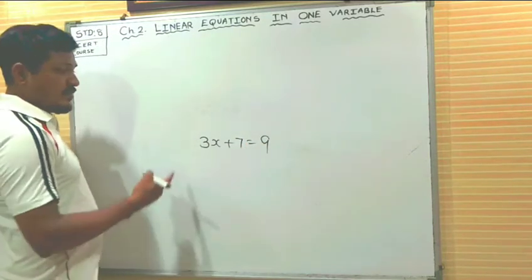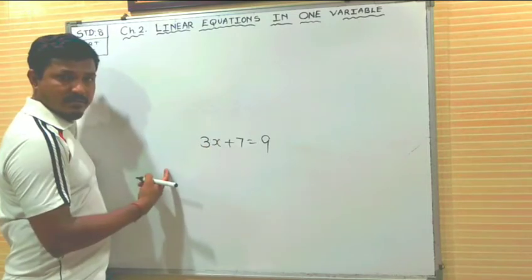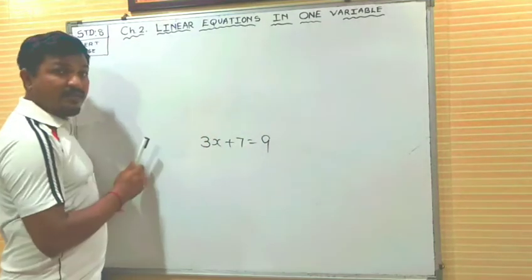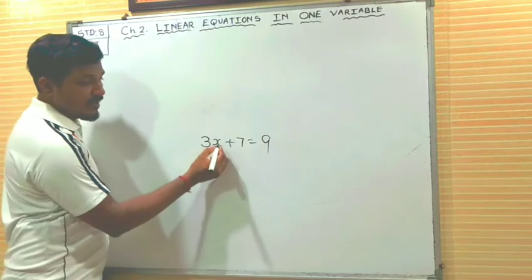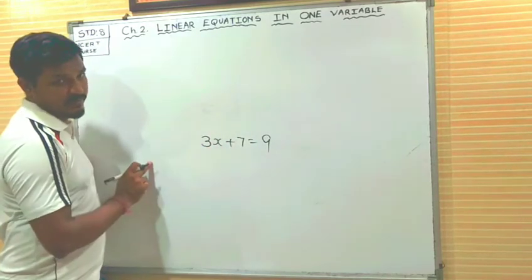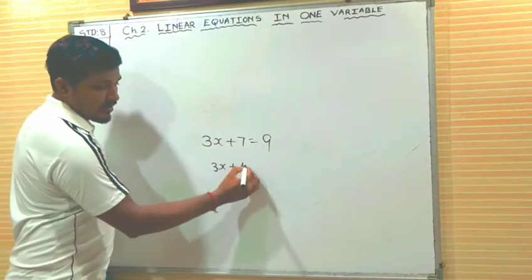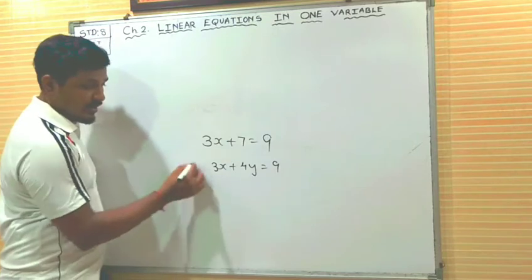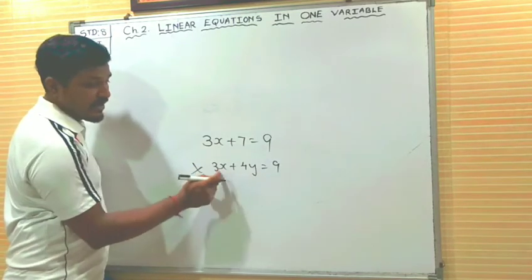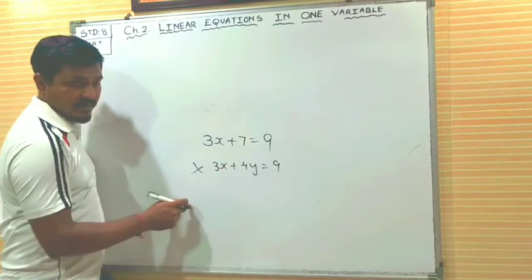See, first of all you have to check whether it is a linear equation or not. Yes, the power is 1. In one variable means there should be one variable in the whole equation. It is not that there is more than one variable. Otherwise it is not a linear equation in one variable. It is a linear equation in two variables.